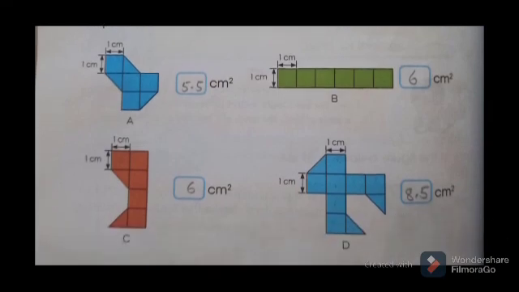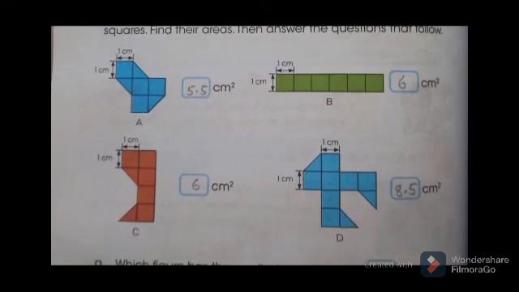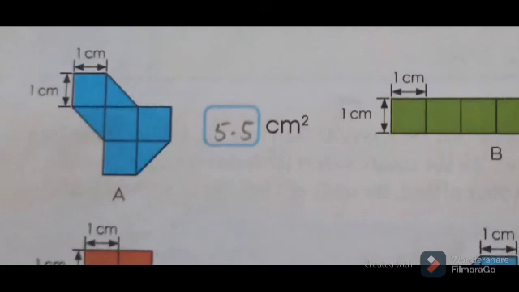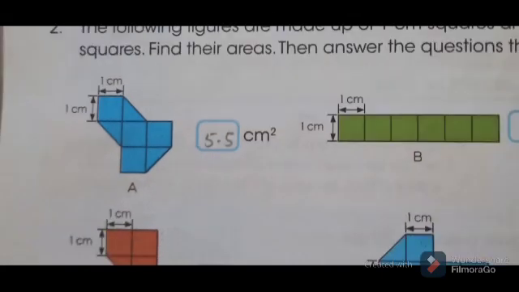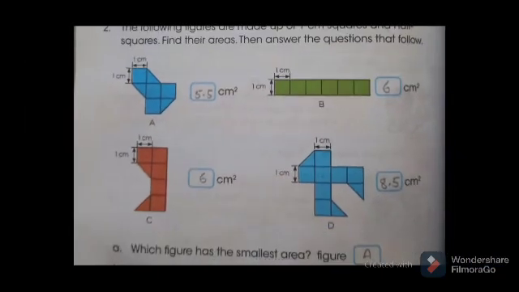Question number 2 is similar. The following figures are made up of 1 centimeter squares and half squares. Find their areas, then answer the questions that follow. The first one you can see 1, 2, 3, 4. 4 whole squares, 2 halves make 1, 5, and 1 is half, so 5.5 centimeter square.